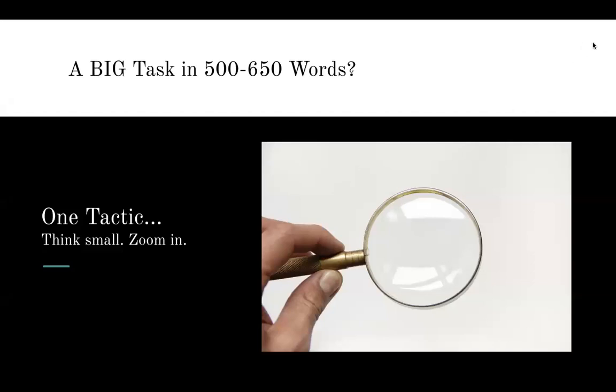We're going to get into a couple of tips or hacks. Most prompts are 500 to 650 words, so it's a short amount of space that you're working with. One tactic that I think can be really successful is when a student, as opposed to trying to tell us a big story, zooms in on one specific item that means a lot to them, or a specific memory, or one relationship, or one day or moment that was really impactful, maybe one teacher.